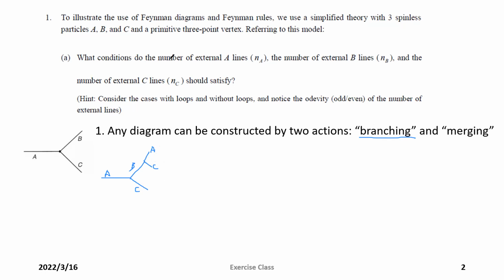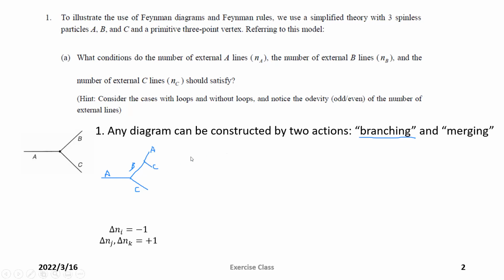And by doing so, we can see that initially we have 1 A line, 1 B line, 1 C line. But after I add a branch, this B will become an internal line, and meanwhile we have 1 more A line and 1 more C line.